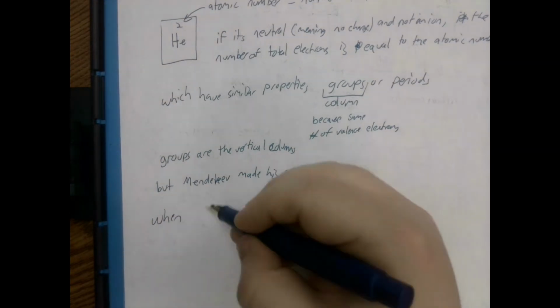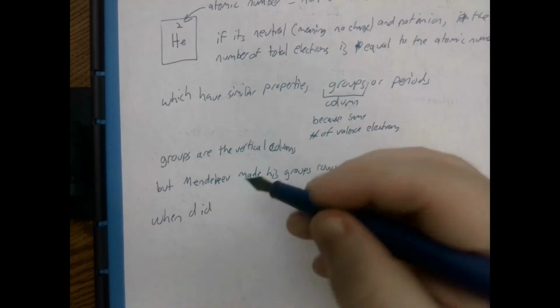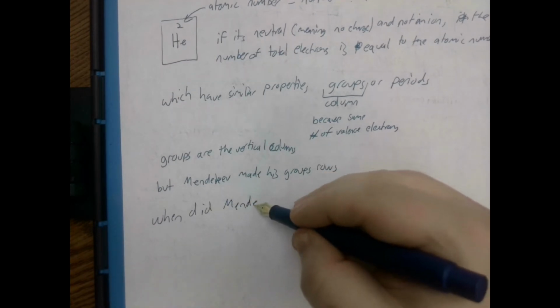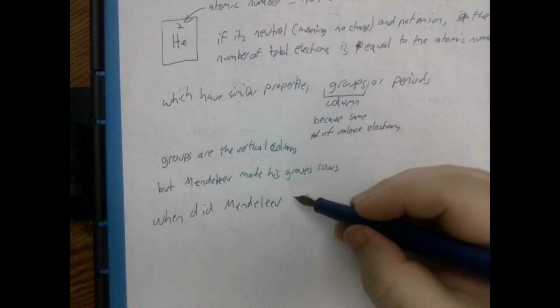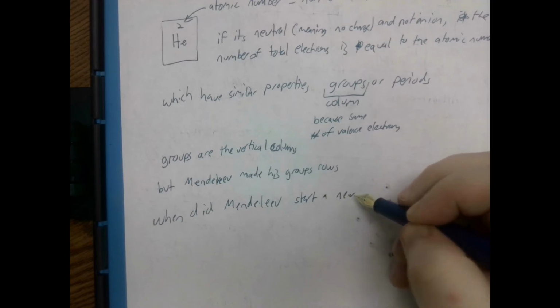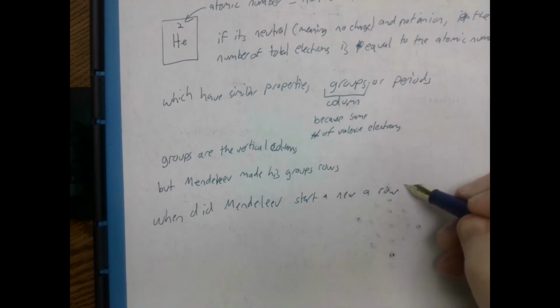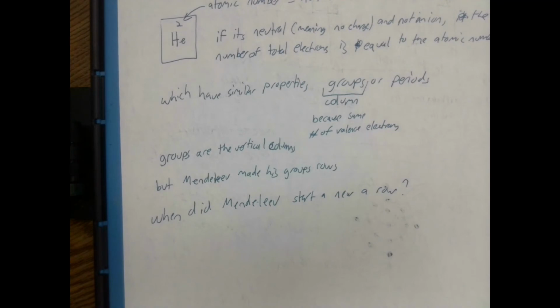When did Mendeleev start a new row? Back in 1876, or 1792?